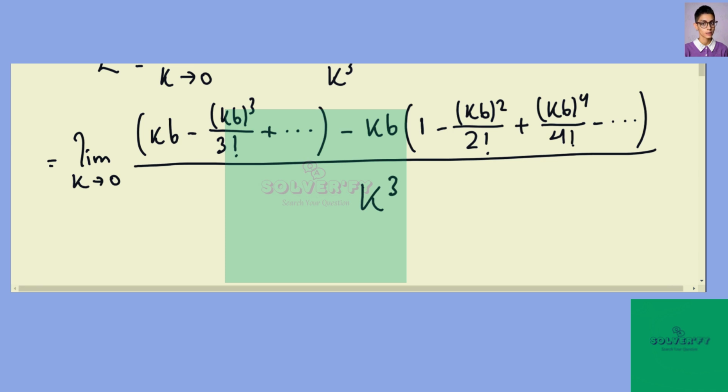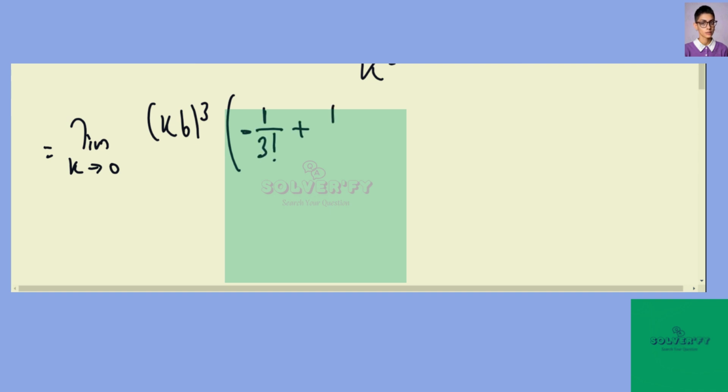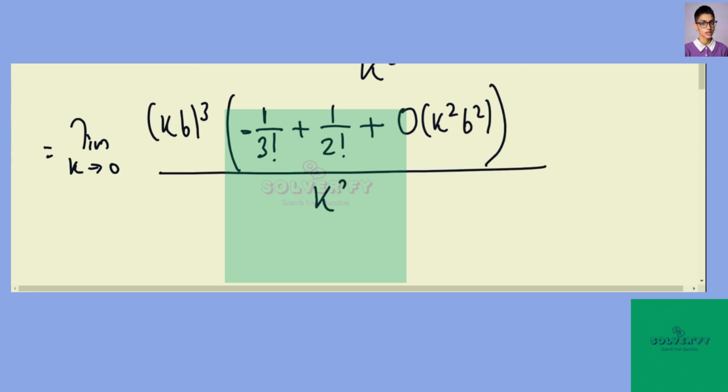Now in here we can simplify these expressions, and we will obtain that this is equal to the following. Capital K times b to the 3, and this times minus 1 over 3 factorial plus 1 over 2 factorial, plus elements that have a higher order, capital K to the square times b to the square, and this divided by capital K to the 3.